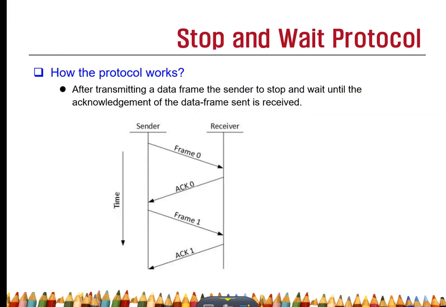How does the protocol work? Let's look at the stop and wait protocol, because this is a very simple protocol with which we may understand the flow control or error control concept in the data link layer and in the transport layer. To understand this concept, I recommend you open page 698.